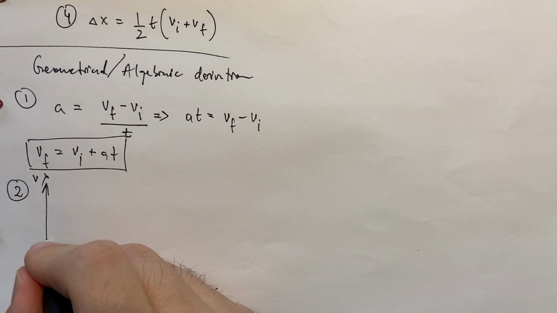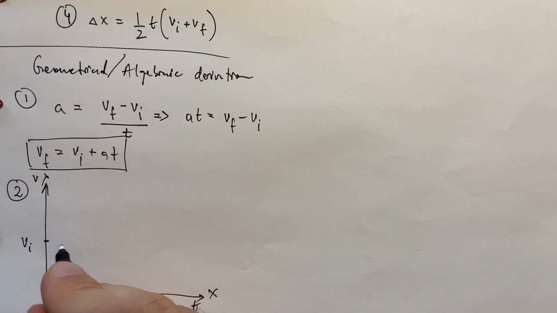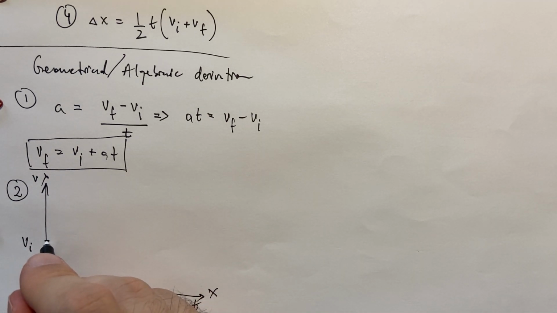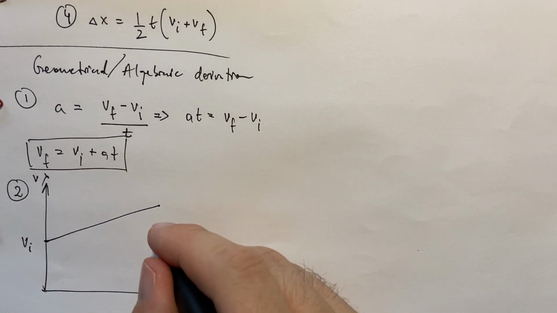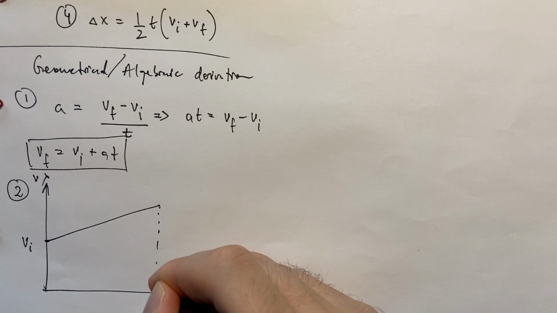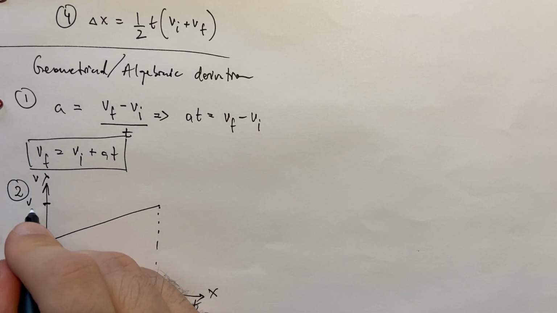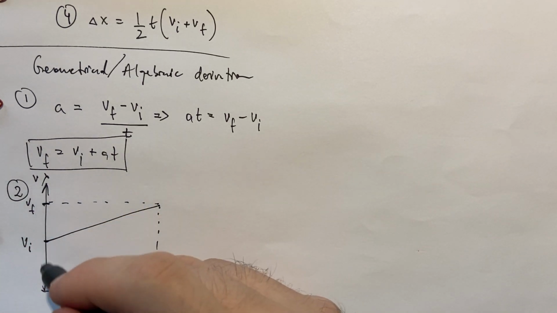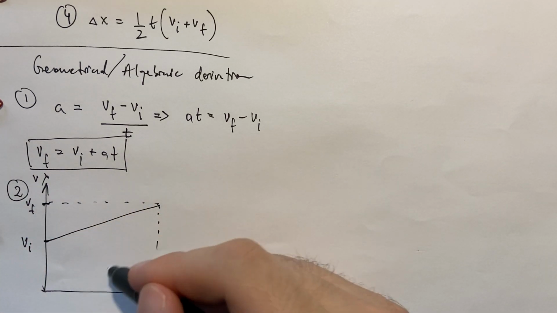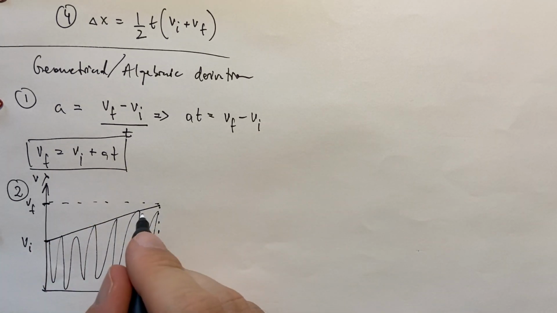We start off with some initial velocity here, vi, and then we have a uniform acceleration, that is a constant acceleration. And after a time t, we'll end up at a velocity vf. And as you already know, the area under this vt curve, that's the distance traveled, or the displacement.